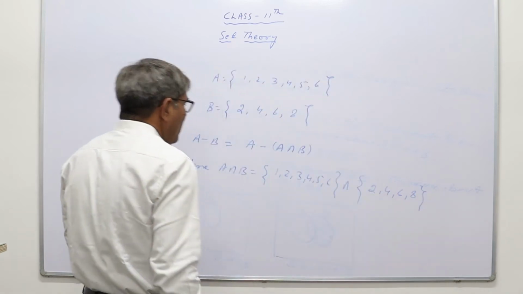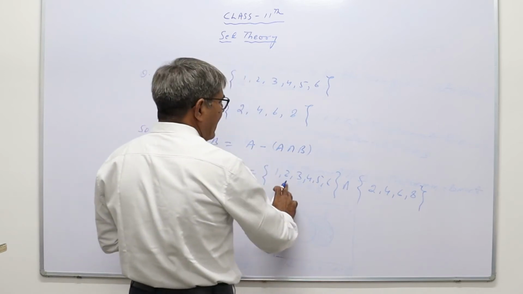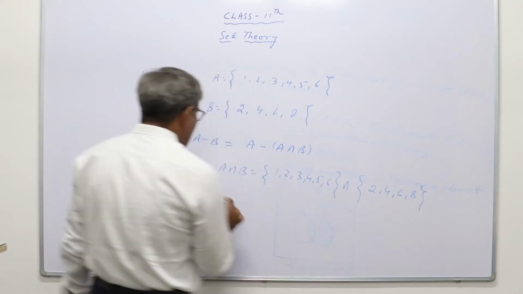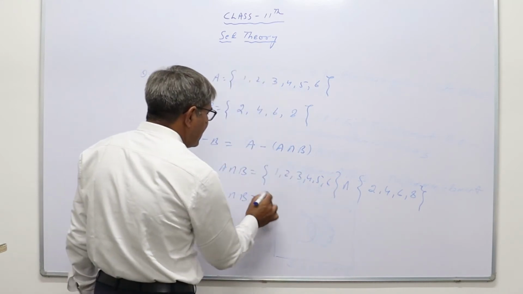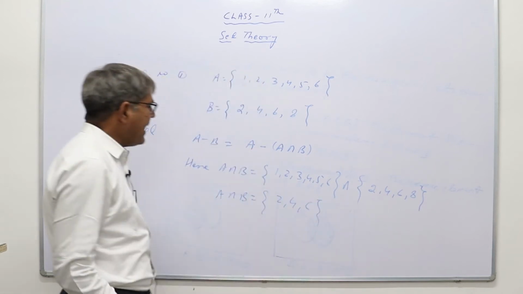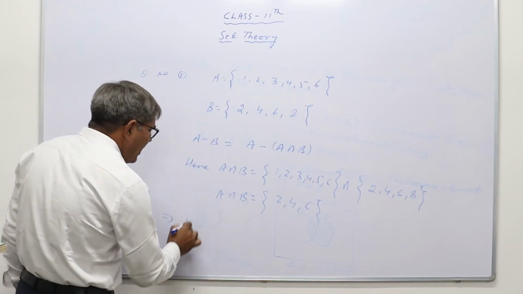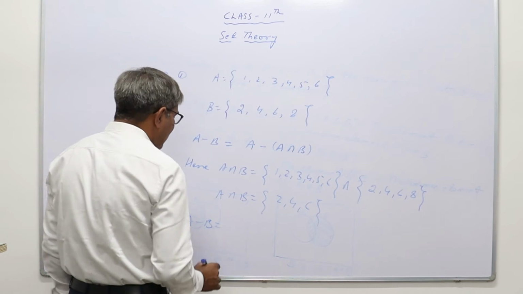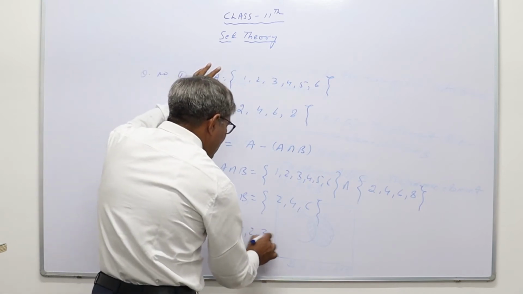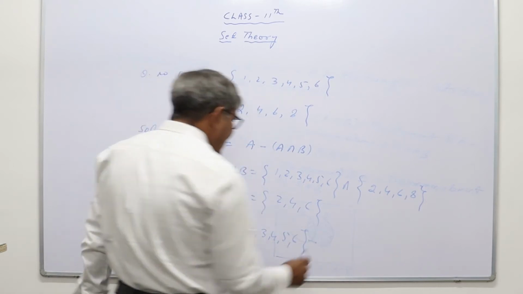Now, what are the common elements in these? So the common elements in A intersection B are 2, 4 and 6. So A intersection B is equal to 2, 4 and 6. Now we will use this formula. So A minus B will be equal to A. What is A? A is 1, 2, 3, 4, 5, 6 minus A intersection B.